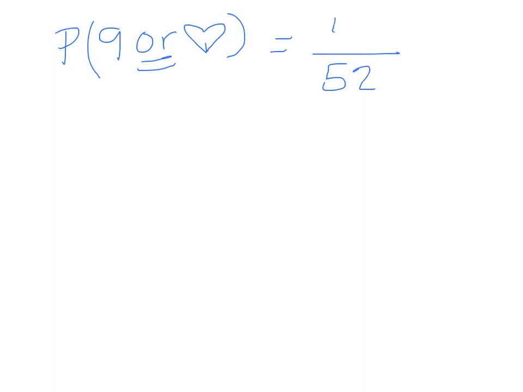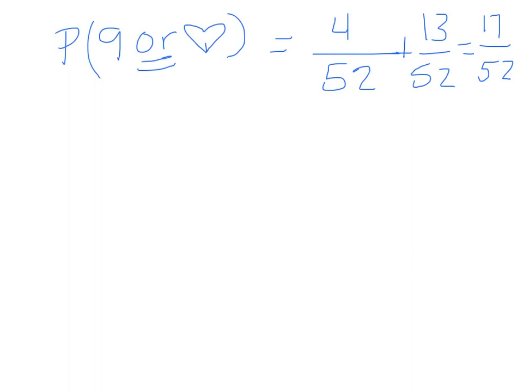There are 4 nines in the deck. There are 13 hearts in the deck. And that tells me that if I were to add those, it's 17 out of 52 chance of getting a 9 or a heart.